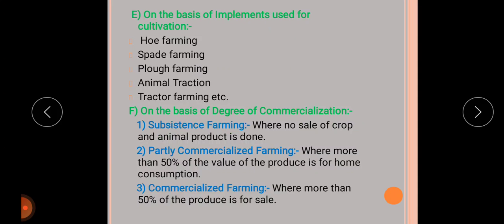On the basis of degree of commercialization, the farming systems are subsistence farming, partly commercialized farming, and commercialized farming.